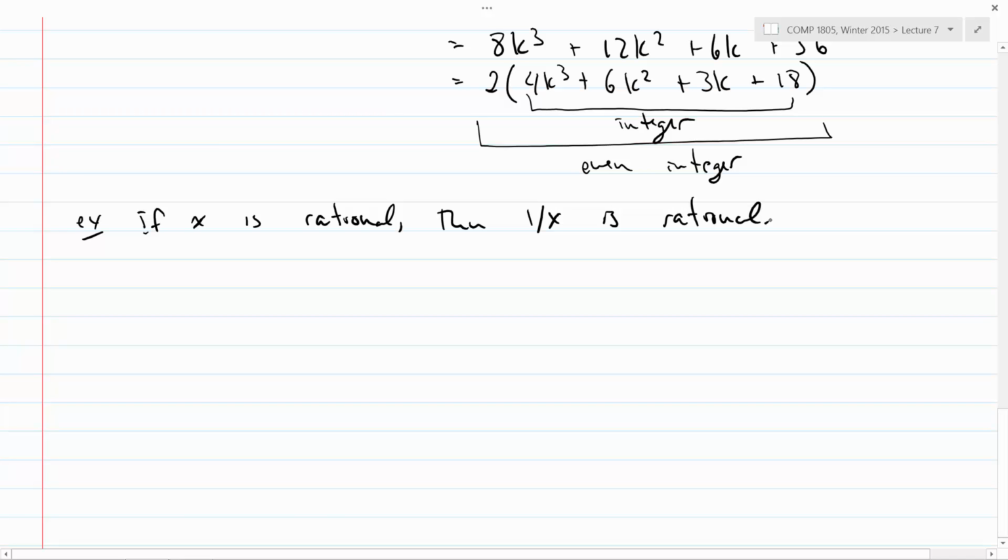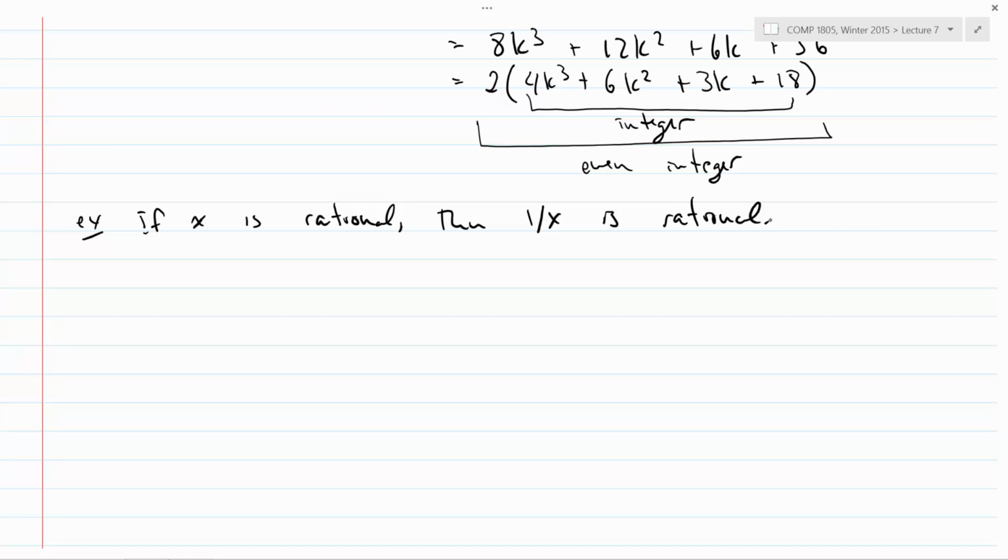Is this going to be true or false? Any thoughts? False? True. Okay, so who says it's true? Who says it's false? Who says it's neither true nor false?